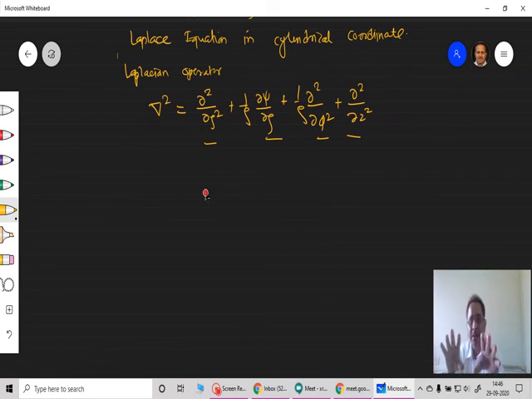So it is an opportunity for you to define your own coordinate system. The only problem is that it must have certain applications. If it has no applications, no one is going to accept your system. Your system will be accepted only when there are certain physics or mathematical problems which can be solved using this type of coordinate system. If there is, then it will be acceptable. If not, then it won't be acceptable.